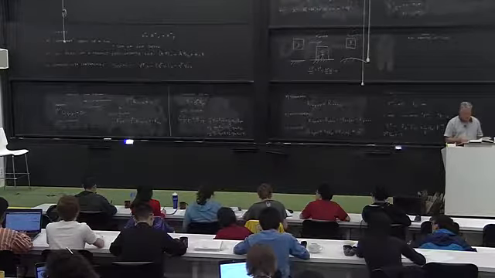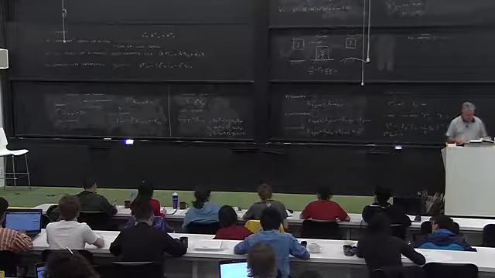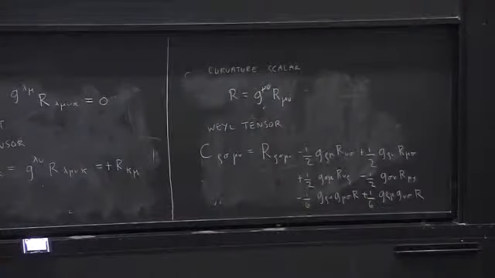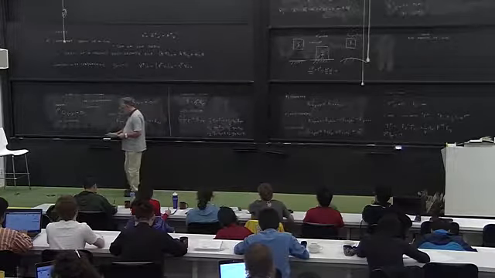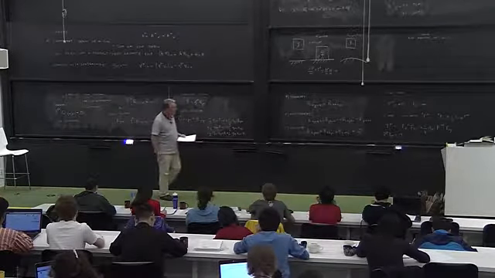Now, those are algebraic properties. We haven't differentiated anything yet. That's just the Riemann tensor itself. There are also some identities that the derivative of the Riemann tensor satisfies, which are known as Bianchi identities.